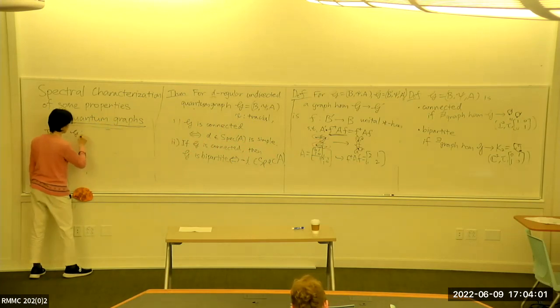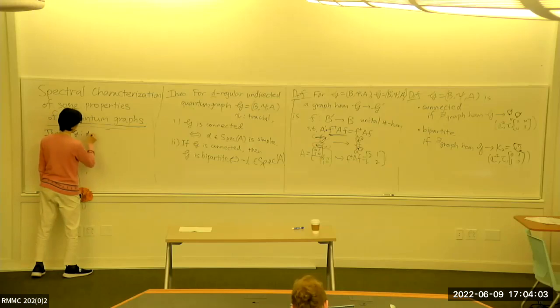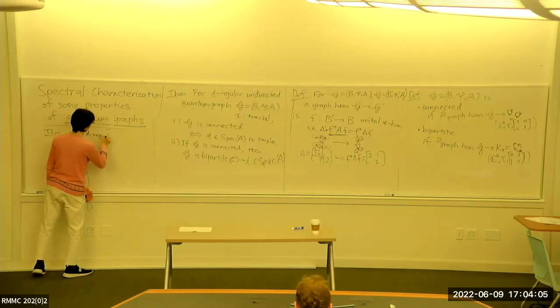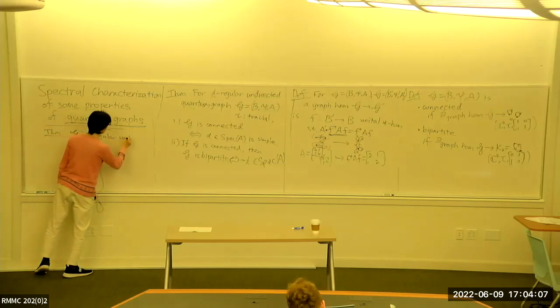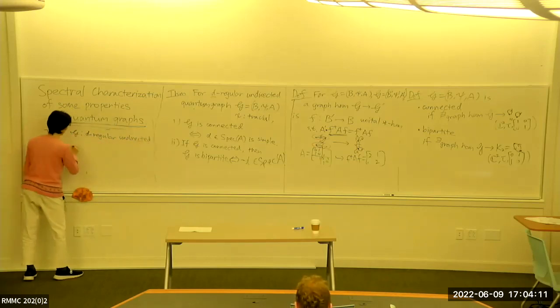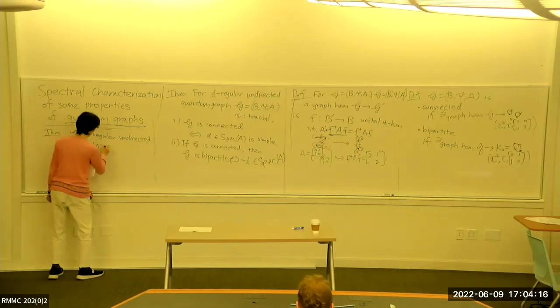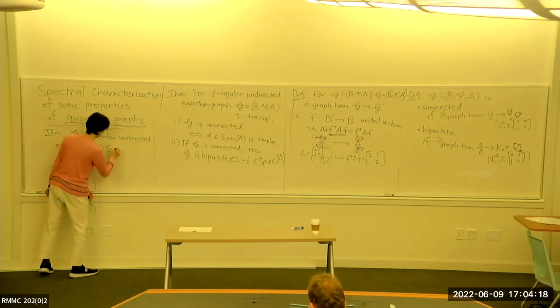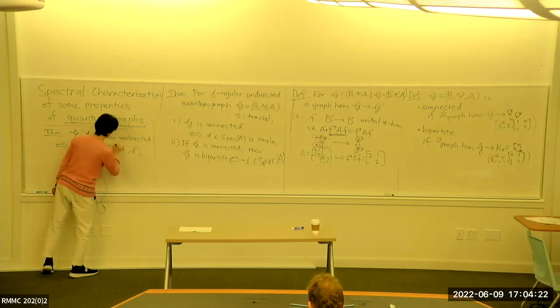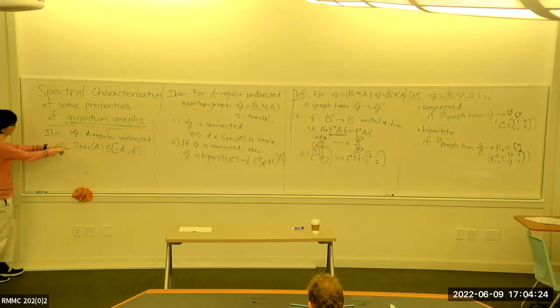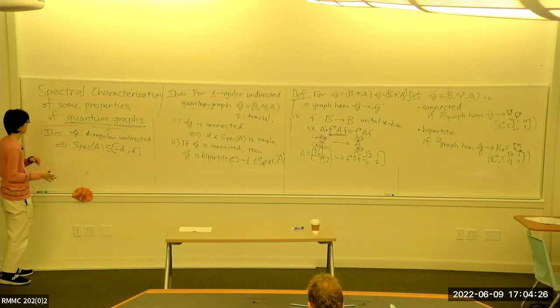If G is a D-regular undirected quantum graph, then the spectrum of the adjacency matrix is included in the segment between negative D and D. We can prove this result by using the graph gradient for quantum graphs.